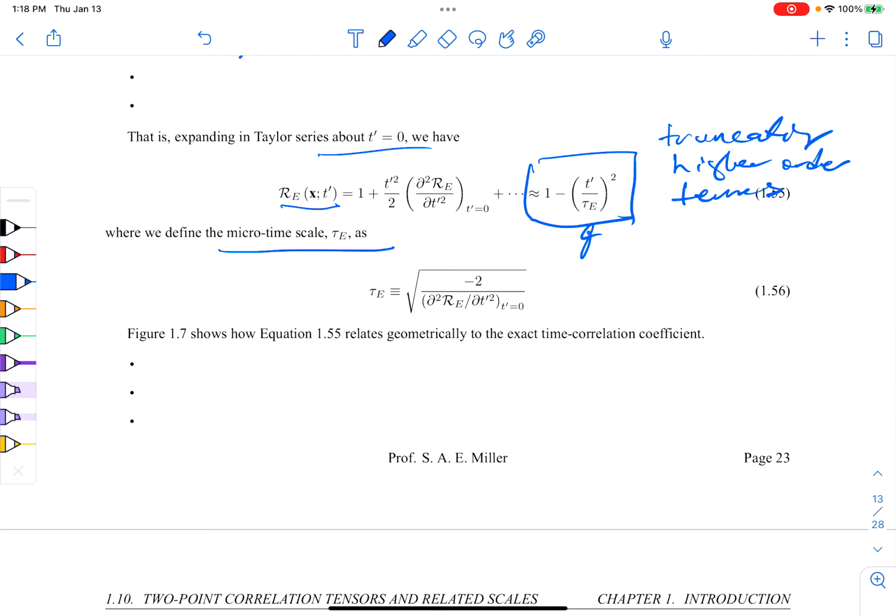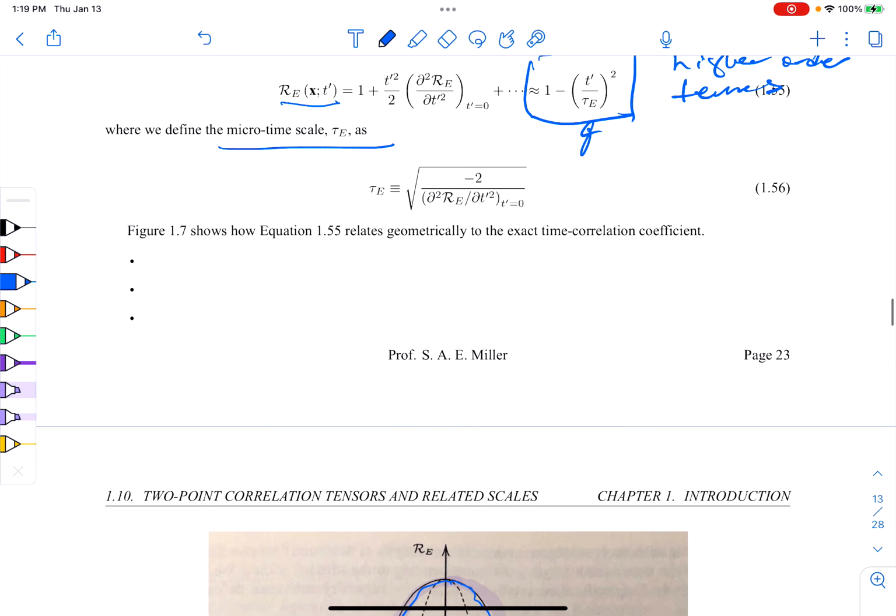And you might say, why is that important? Well, it depends on what you're doing. For turbulence modeling, it may not be that important, but it's seen as an intermediate time scale between the largest scales of turbulence and the smallest scales of turbulence, which are the Kolmogorov scales. So that's like a geometric interpretation of that.